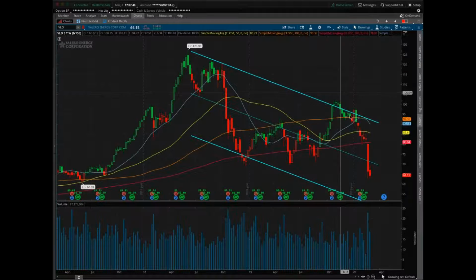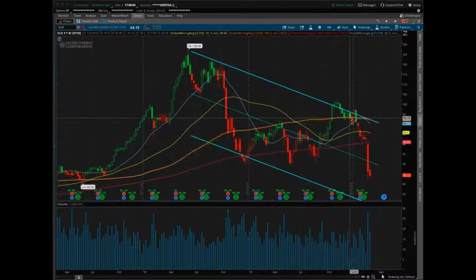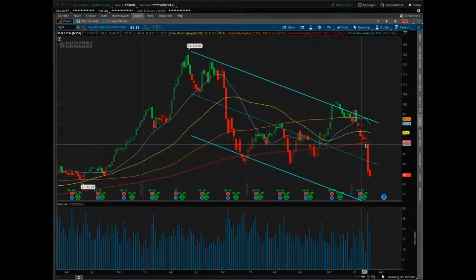Now, let's go back to our weekly chart. On our weekly chart, we can see our 200-day acted as support and our 100-day acted as resistance. So support, resistance, resistance, support, support, resistance, got through, and then gap below this support and sold off.